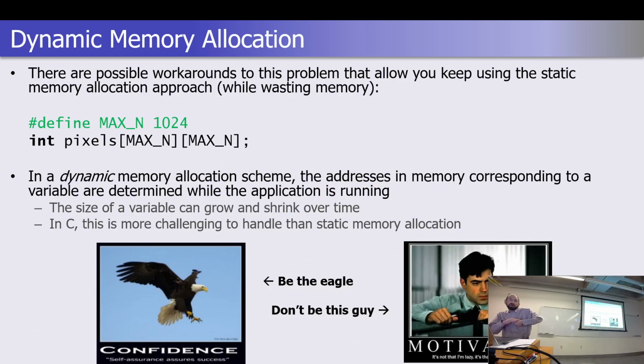One possible workaround, and we've done this in a few different instances already this semester when sorting arrays and doing other stuff, is to say, well, I know I want to support different sized images, and perhaps I just put an upper limit as to what I can support. And say, well, my program's going to work for all sorts of images up to and including 1024 in the horizontal or vertical resolution.